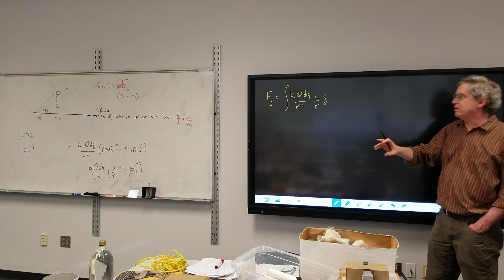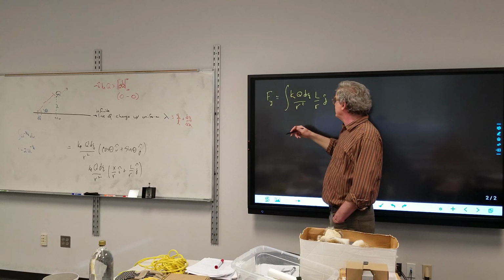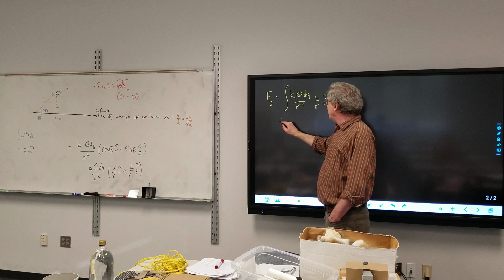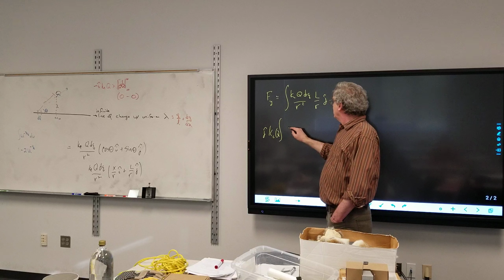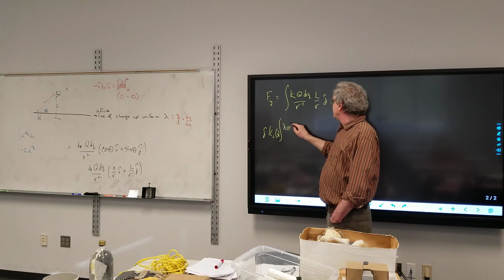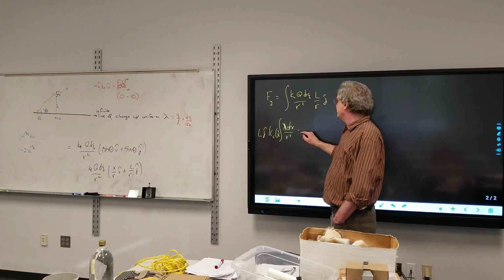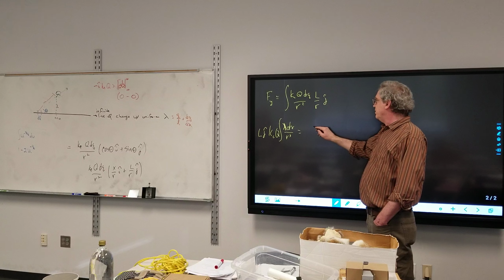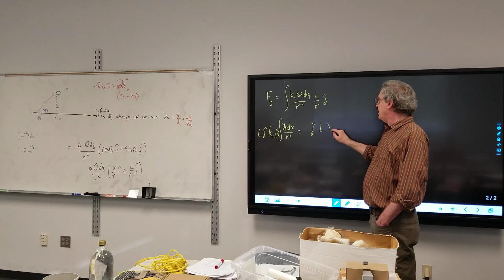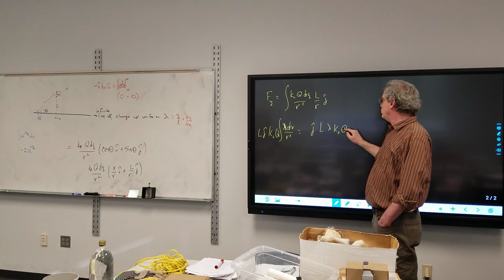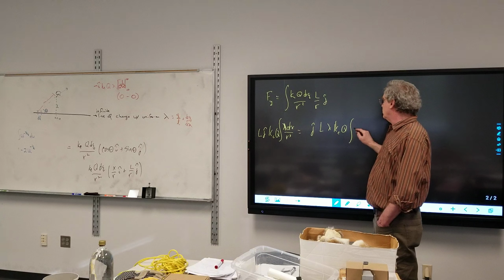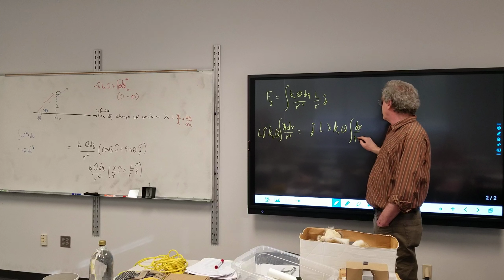Bringing the constants out front and then putting dq in terms of x, we end up with the integral, bring the constants out front, j hat, k sub e, Q. This would be lambda dx over r cubed, and then L would come out front. So we have j hat, L lambda, k sub e, Q, integral dx over r cubed.